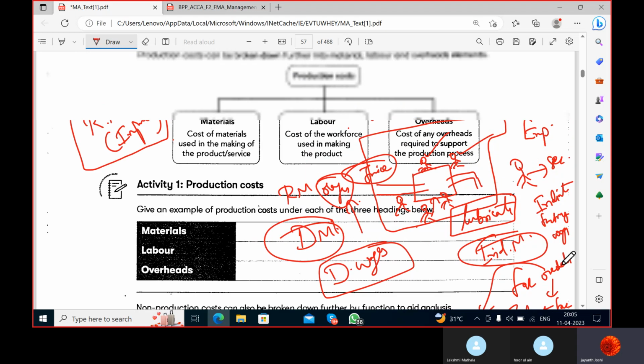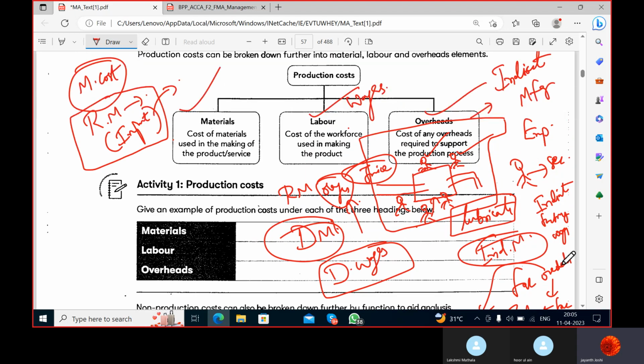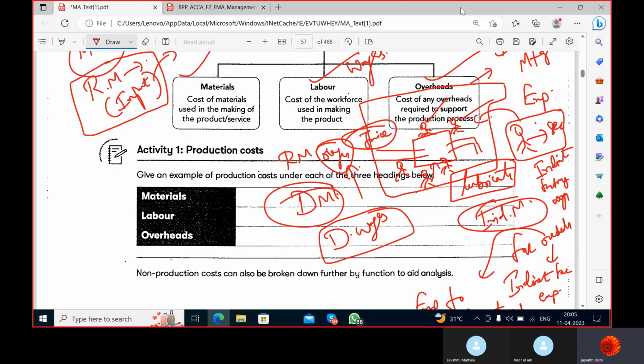Here, this security guard is guarding the factory, so he is supporting these laborers in doing their work efficiently and without any distraction or disturbance. So he is in the support activity. Whatever expenditure we incur in this case is called overheads. Please make a note of all this.